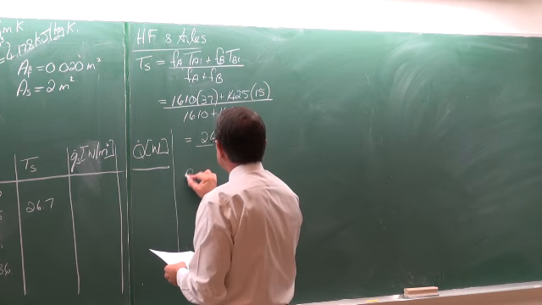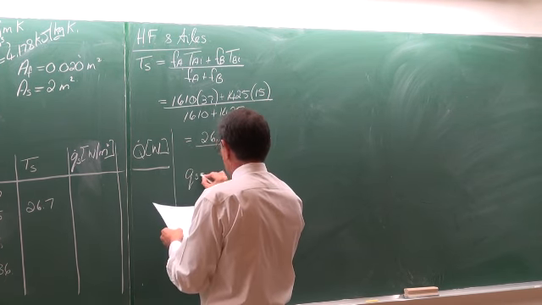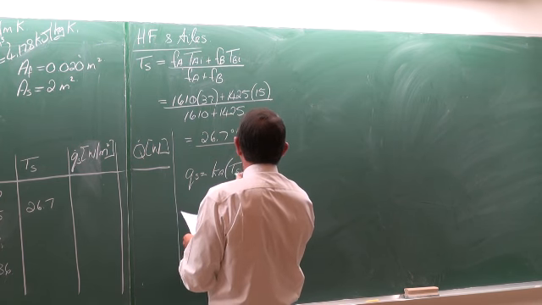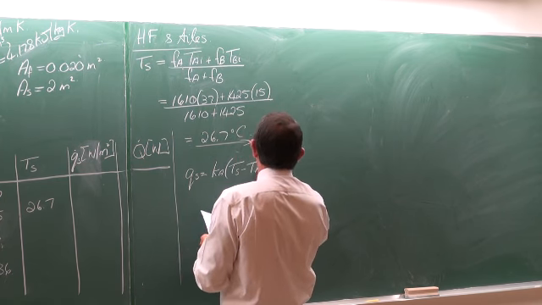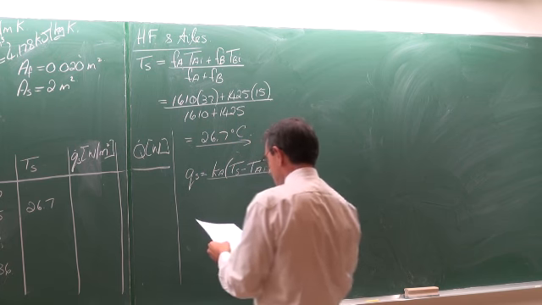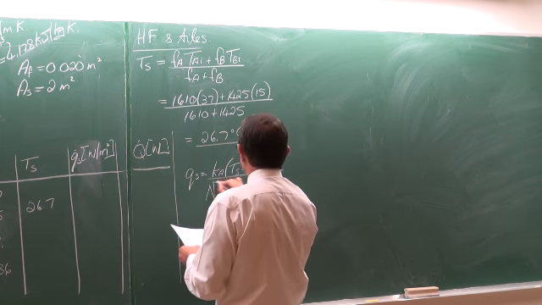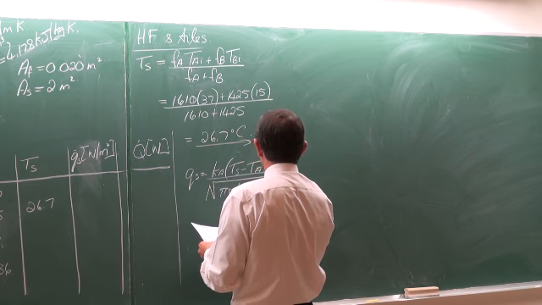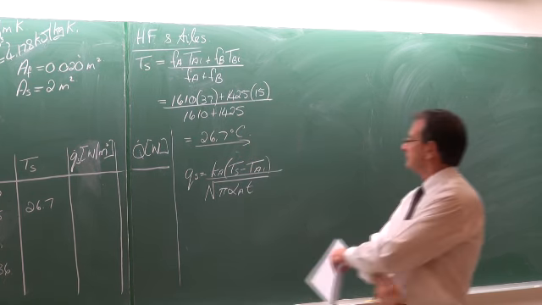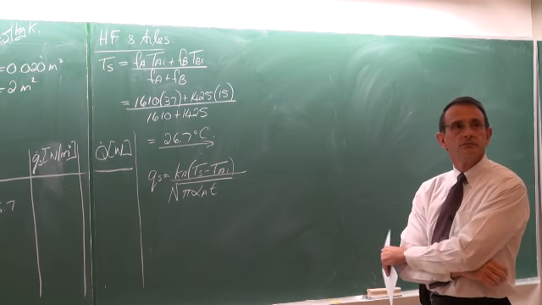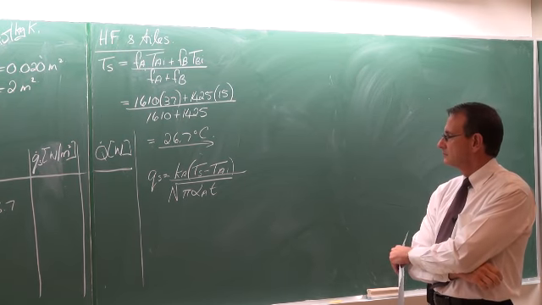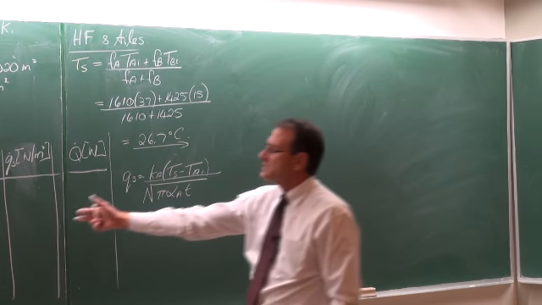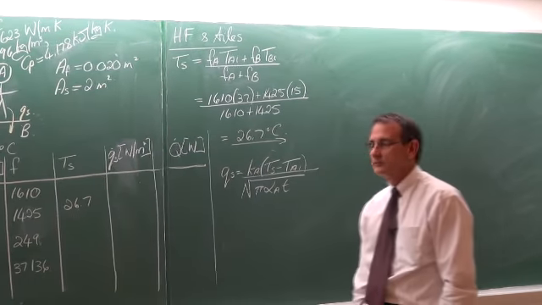And the heat flux is equal to Ka multiplied by Ts minus the initial temperature, divided by the square root of pi multiplied by alpha A multiplied by T. You can also calculate it on the B side, on the tile side.